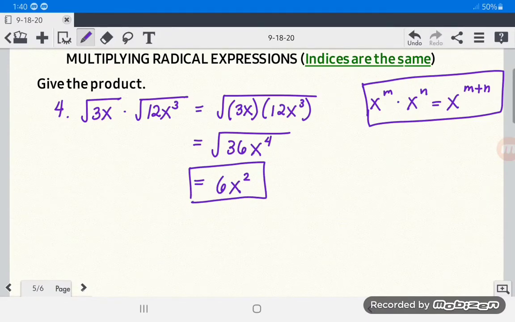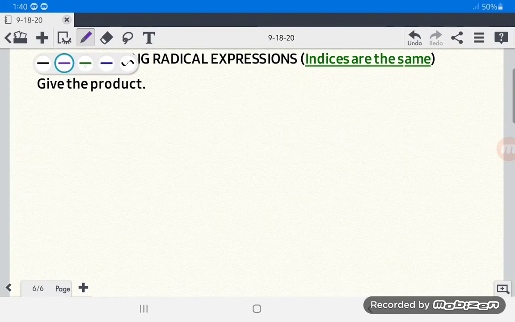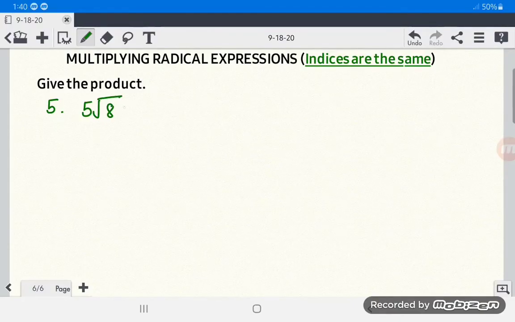Okay? Next, number 5. Let's say we have 5 square root of 8 times square root of 2. Here, we're going to multiply the coefficient to coefficient and then radicand to radicand. So we have 5 times 1, we have 5, okay?